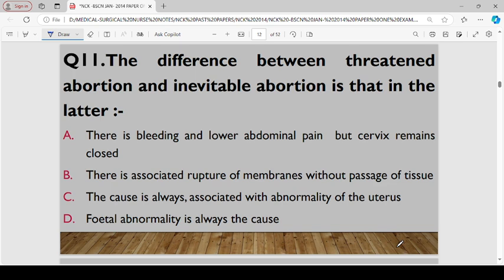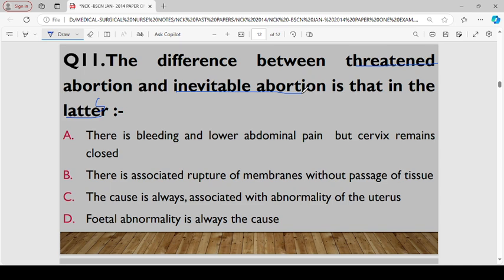The difference between threatened abortion and inevitable abortion is that the latter, we just say the former is the first, the latter is the second, right? So here we are comparing threatened abortion and inevitable abortion. Inevitable abortion.